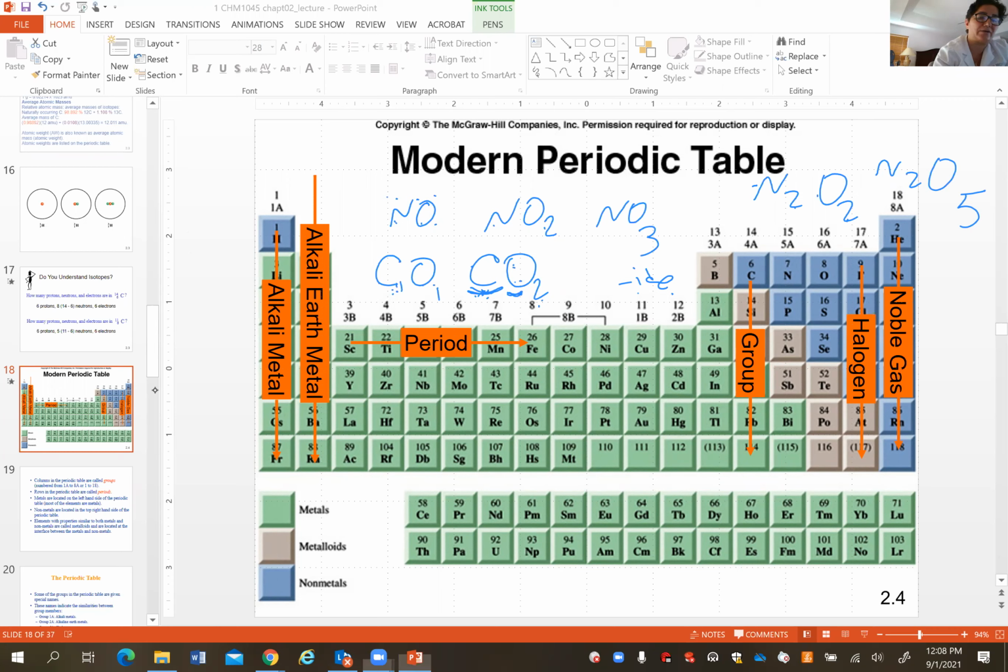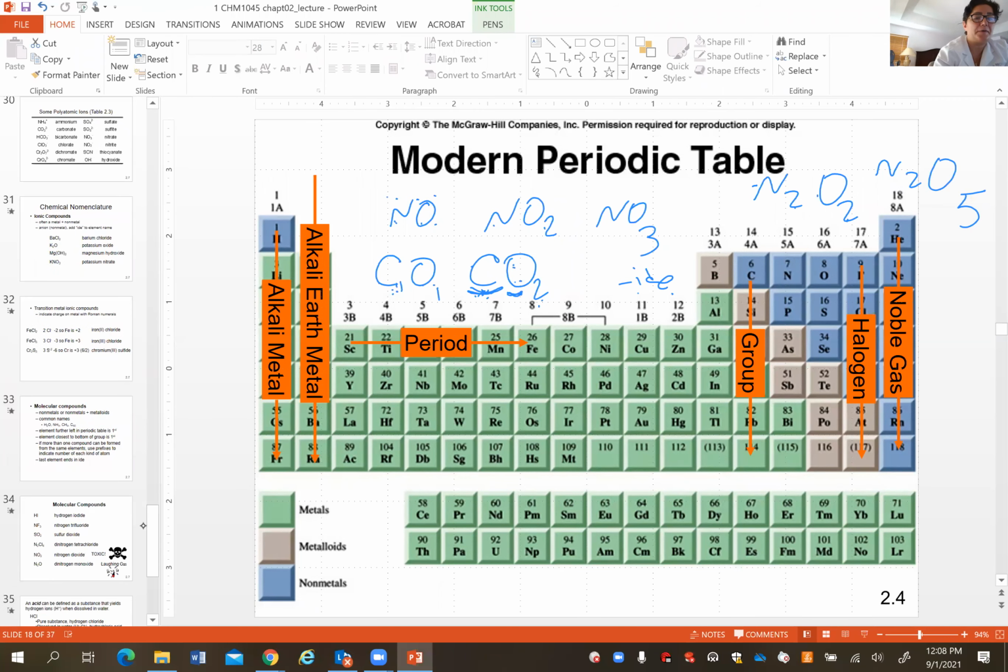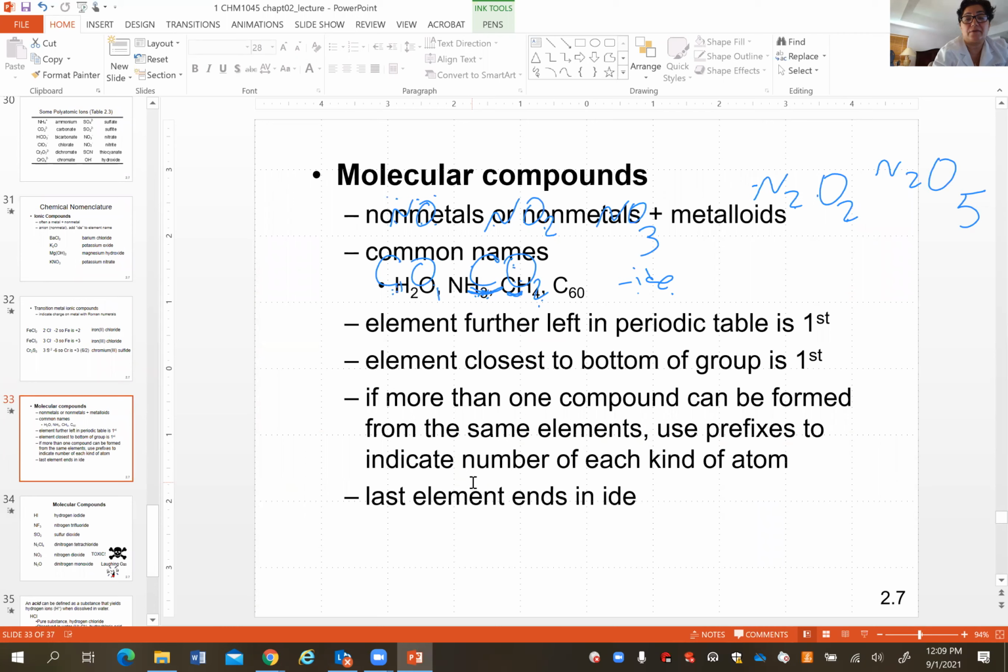So I take you back to the examples we have here. For the molecular compounds, we have compounds coming from two non-metals. And the element that is closer to the metals, or on the left side, is going to be written first.